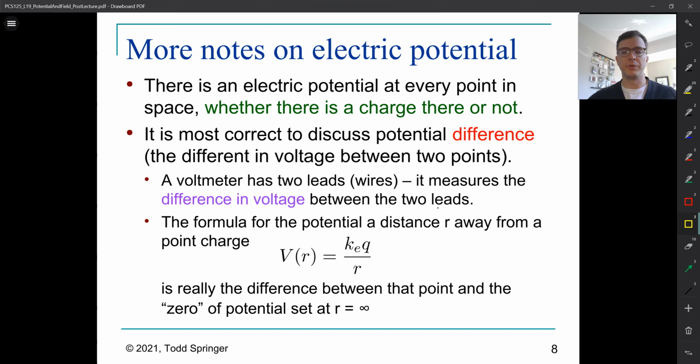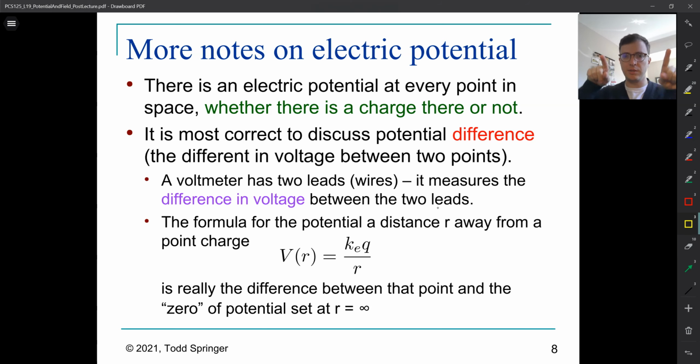When we're talking about voltage or potential difference, it's always best to talk about the difference between 2 points. It's the difference in voltage between 2 points. That's really what controls physics. For those of you who are electrical engineers, a voltmeter is designed to measure potential difference between 2 things.